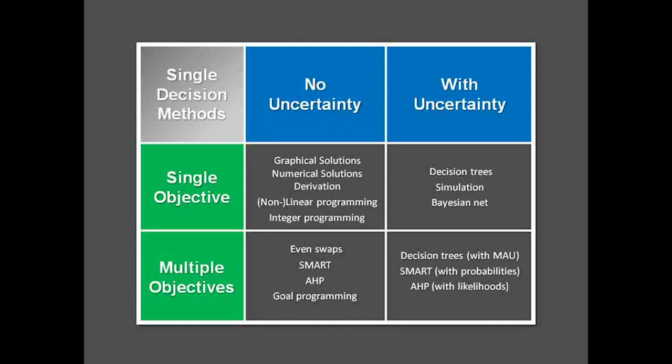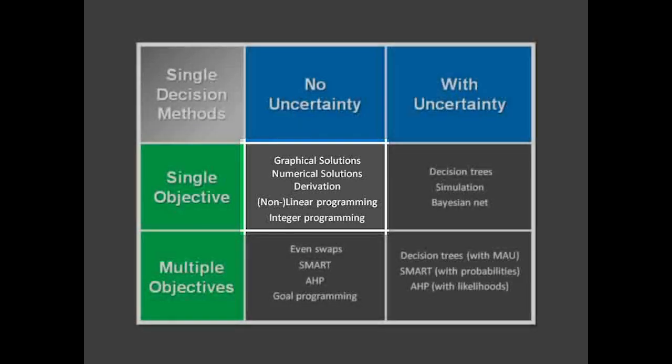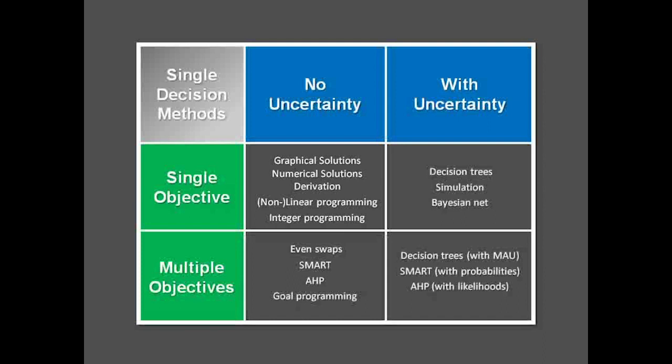But if we have a single objective and we have no uncertainty, or at least we can ignore any uncertainty that we do have, we have a fairly wide array of solution options available to us. There are graphical solutions, numerical solutions, we can use calculus, we can use linear or nonlinear programming. These are very traditional solution methods that come out of management science, and we're going to introduce you to just one or two of those here in this module.